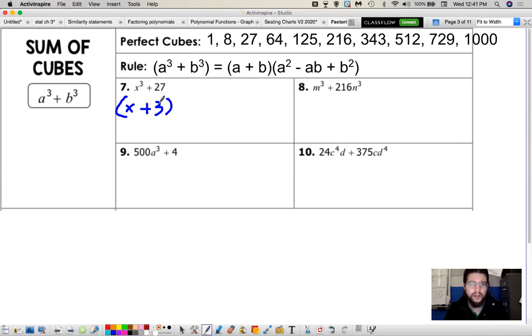That's A, that's B. Now, I need to do the second part of the formula. X squared minus 3x plus 9. Okay, where'd I get the 9 from? 3 squared.